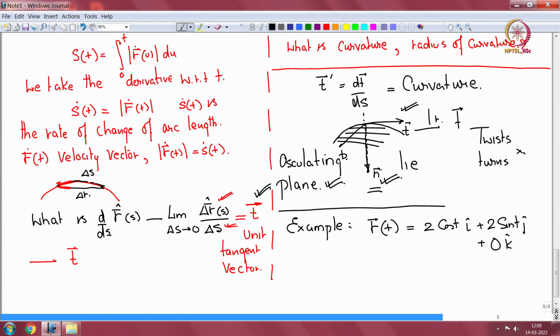This is a circle with radius magnitude 2. That much we know.